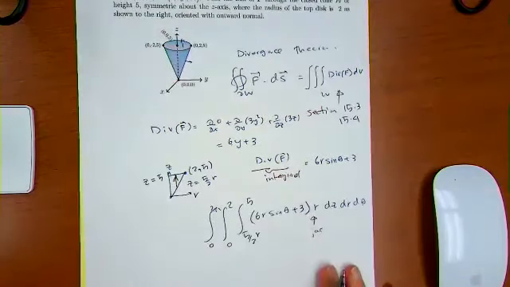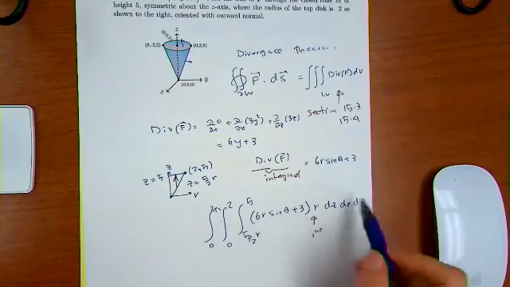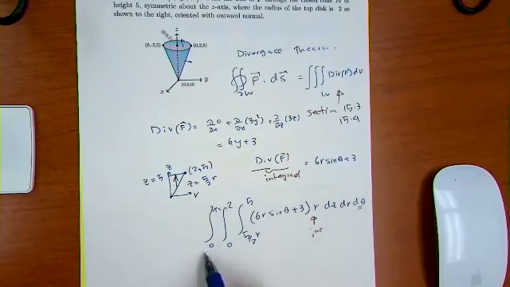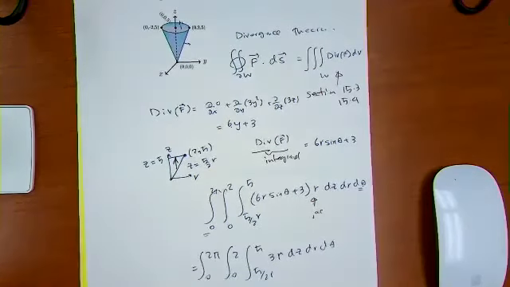And then you integrate. The nice thing about this is that sin theta is going to disappear, because theta runs from 0 to 2 pi, and the integral of sine over a full period disappears. So all I'm going to do is compute this instead: 3r dz dr d theta. Over here, I get a z.